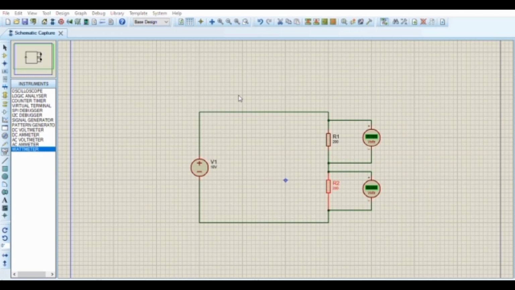I change it to 150 ohms. When we run, we get the value for U1 of 5.71 volts, and for U2 4.29 volts.